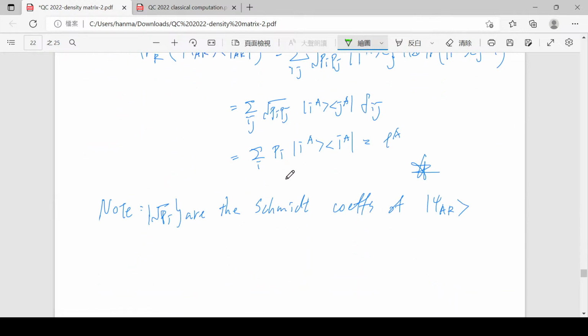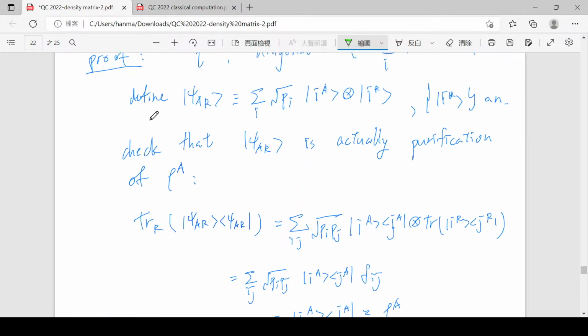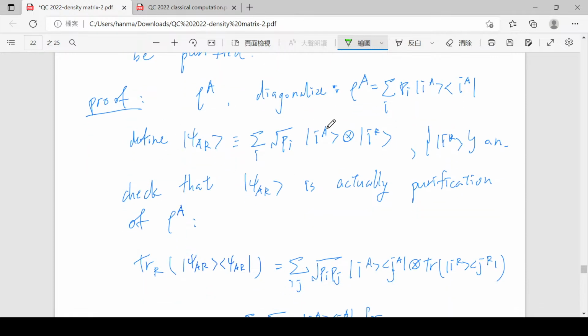Okay. So we proved that we can purify any state rho A, any density matrix rho A, into an entangled pure state of this form: summation over I of square root pi |ia> tensor |ir>.